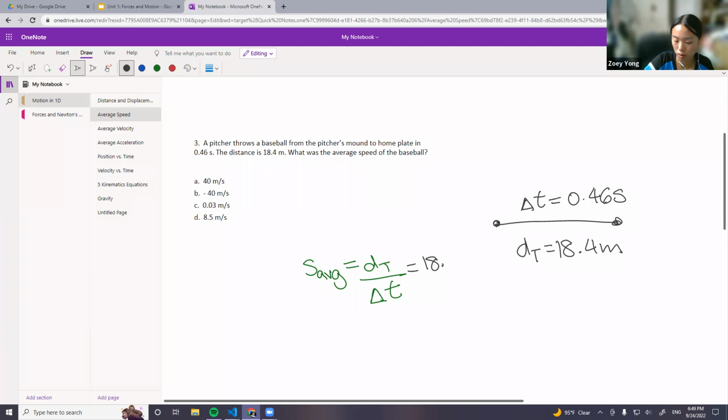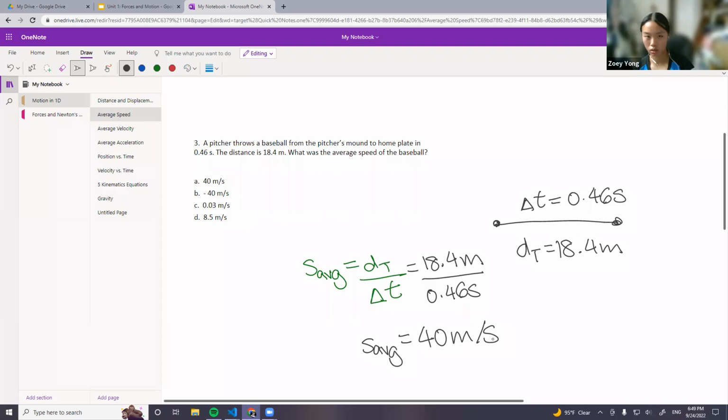So 18.4 meters divided by 0.46 seconds. So the average speed comes out to be 40 meters per second. And we don't have a direction or a positive or negative sign.